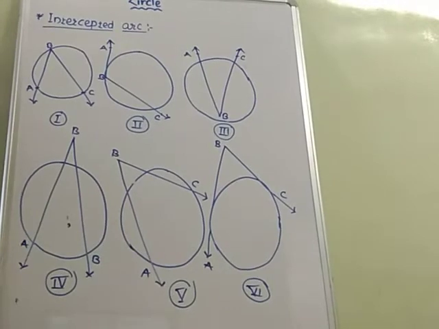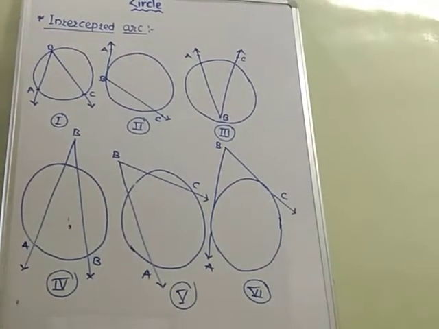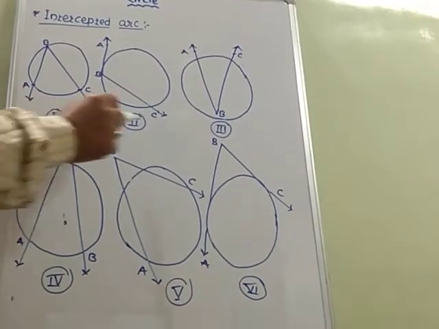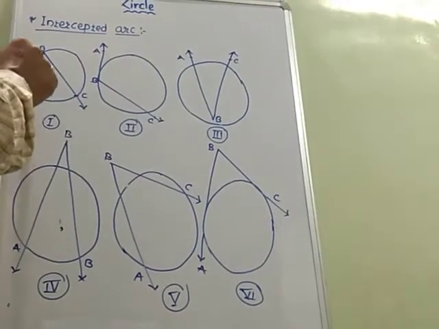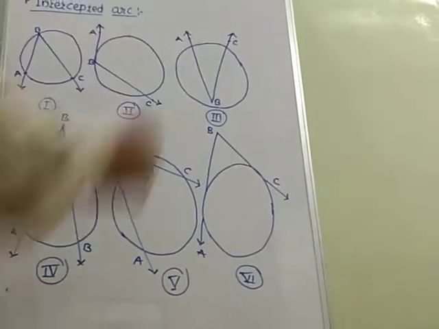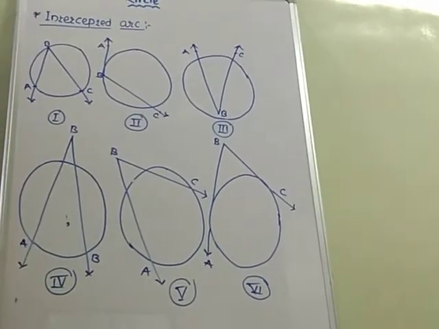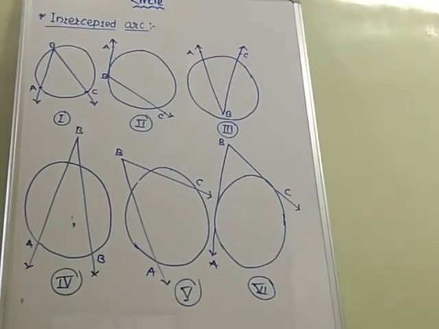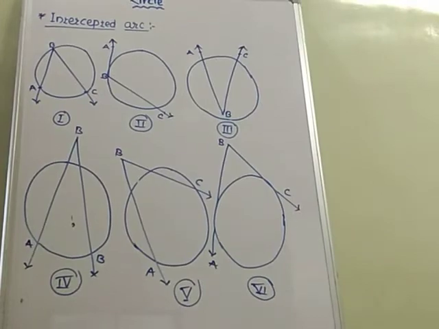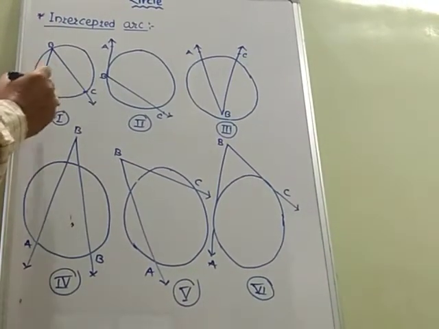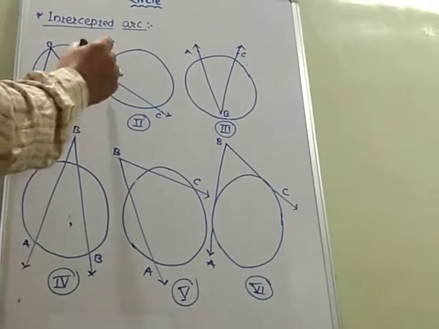In figure 1, figure 2 and figure 3, one arc is intercepted by that angle. That is the intercepted arc. This angle ABC intercepts this arc.